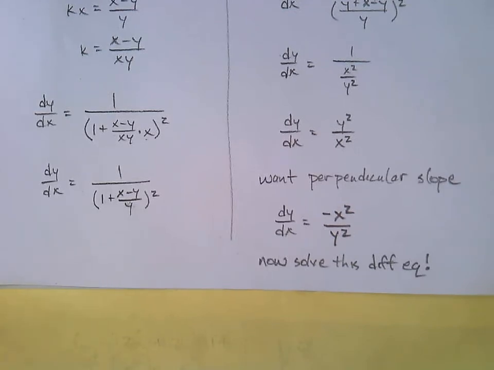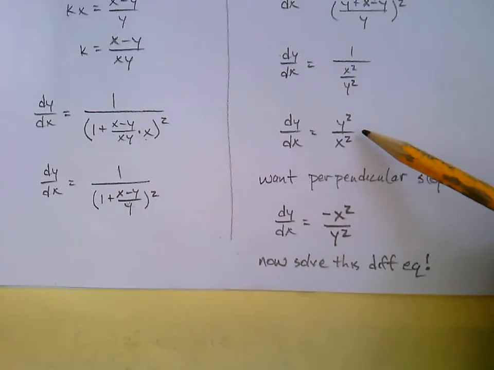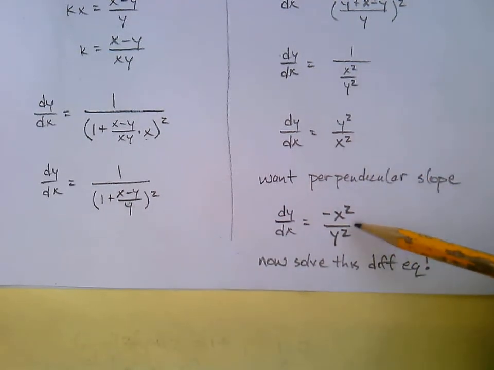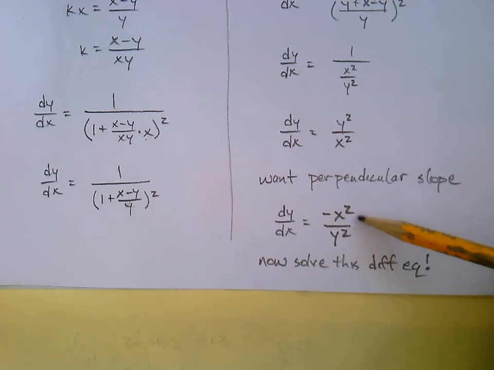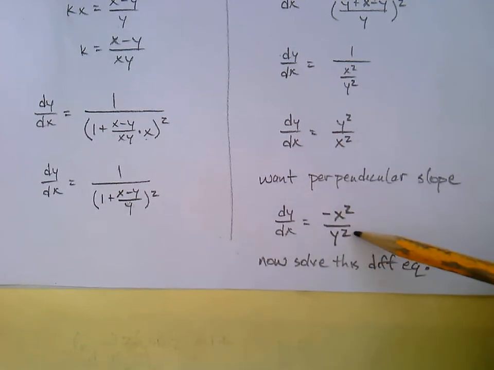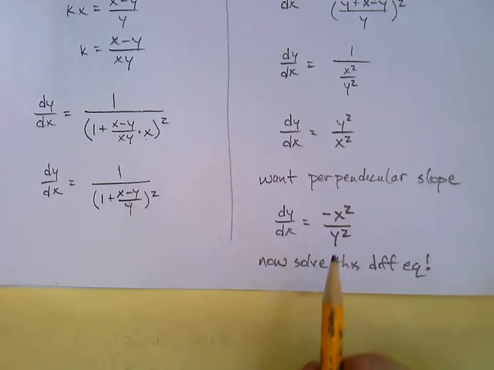This is really exciting. So we found this is the slope of the original family. Here's this, and that's what we use, right? That was the bridge. Tell me the original family, okay, then I can find the slope of it. Then I can find the perpendicular slope, and then I'll work backwards to solve this differential equation to find another family. Wow. Okay, let's solve that differential equation right there.